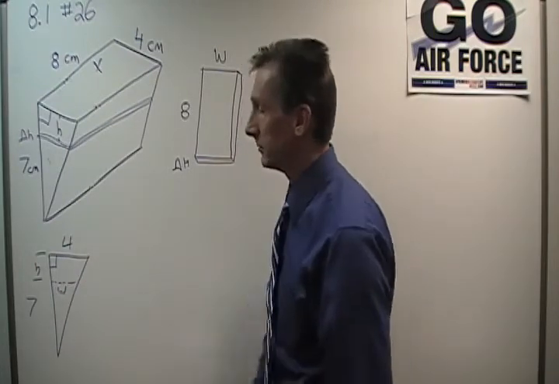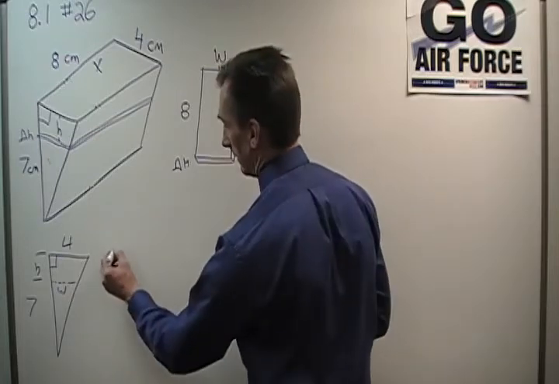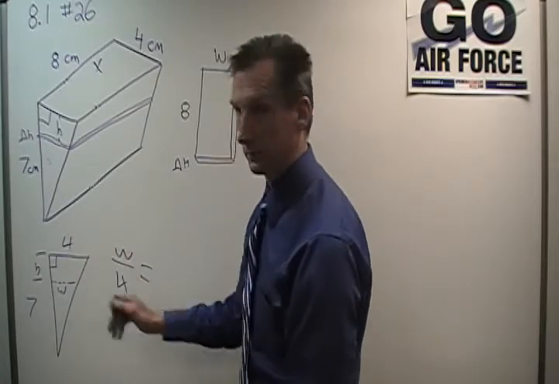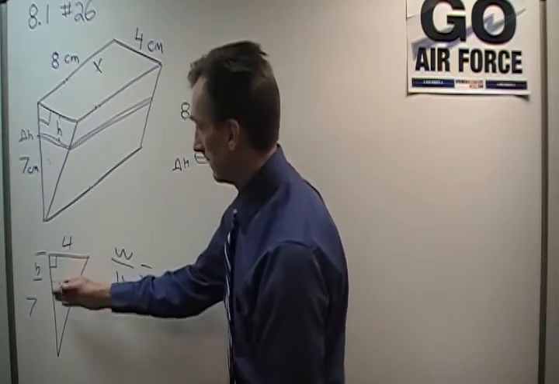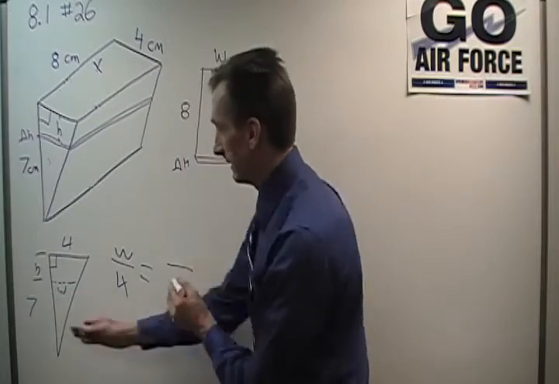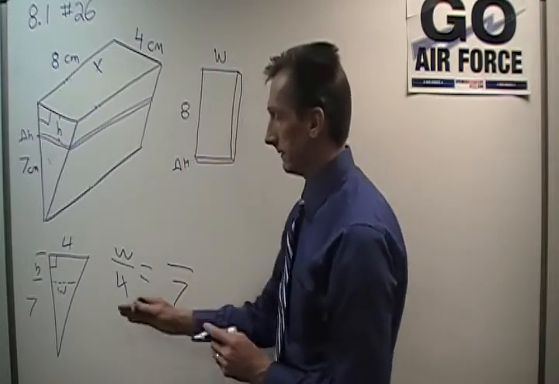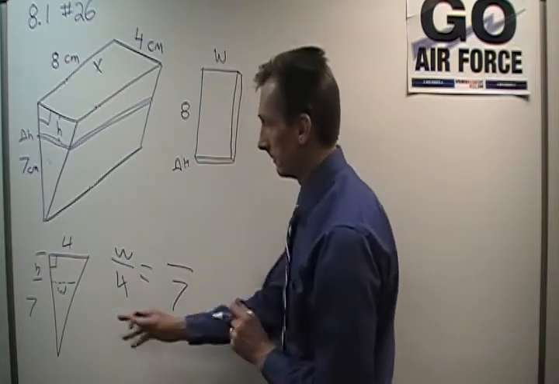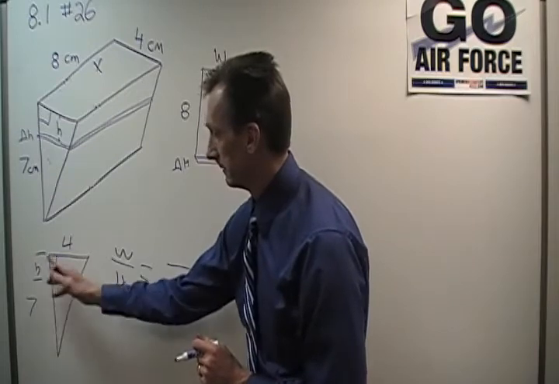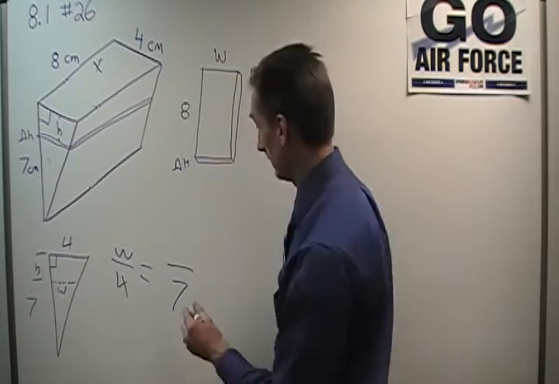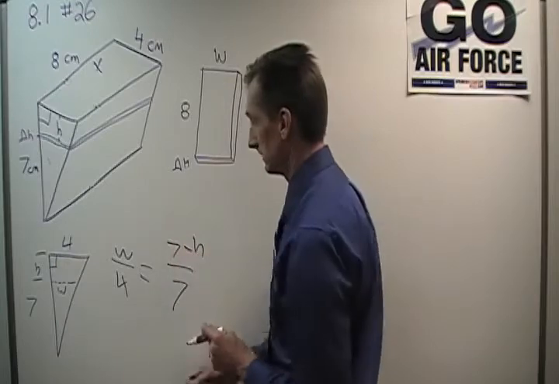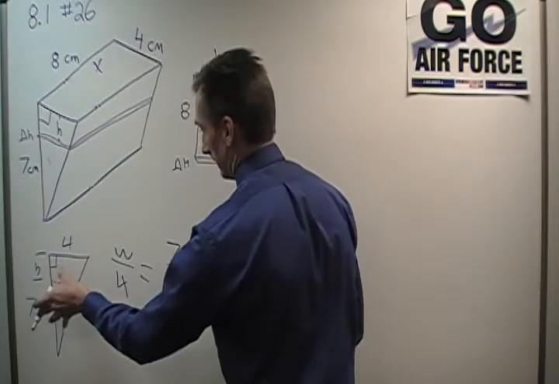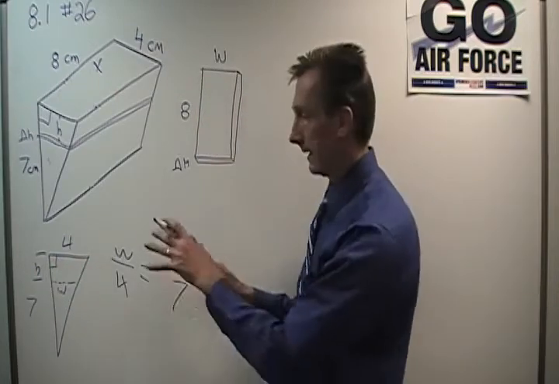The similar triangles principle works like this: the width is related to 4 as the height is related to 7. Now, this is the tricky part. How high am I? Well, I am 7 minus h. See that? So I was 7, and I've come down h. And that's the way the similar triangles relates the height and the width.